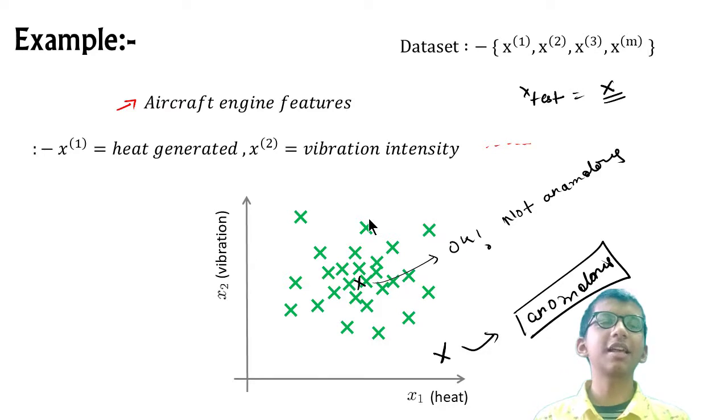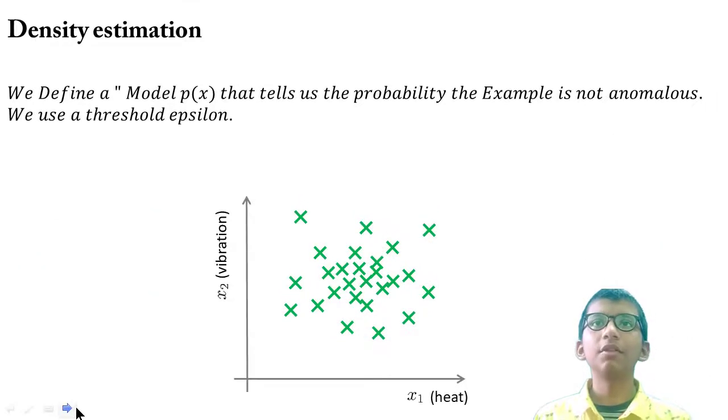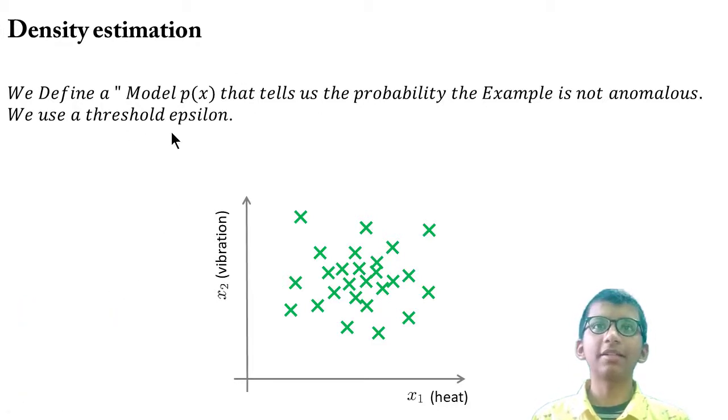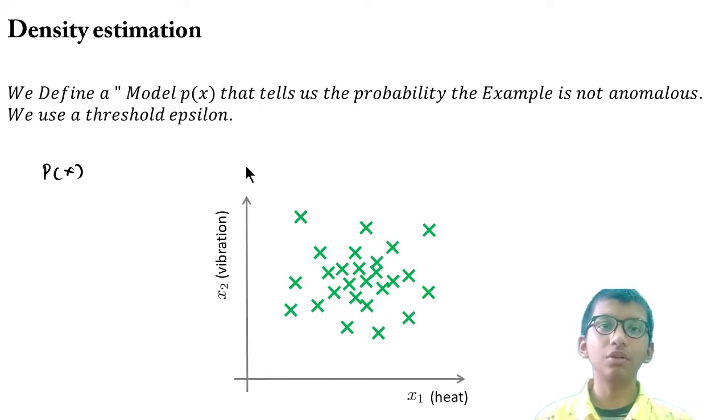So this example is very easy. Now we have talked about the threshold, and how we can decide that this is anomalous and this is not anomalous. For that, we have a density estimation technique. Let's say we define a model P of X, which, given a new training example, tells us the probability that the example is not anomalous.